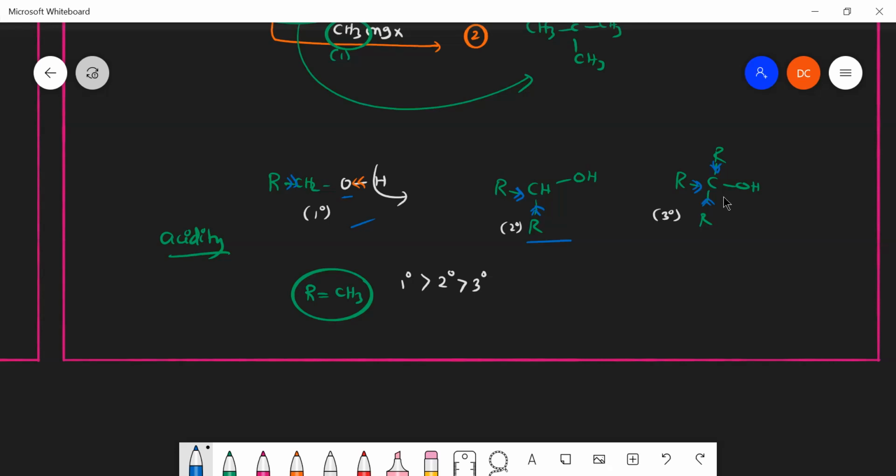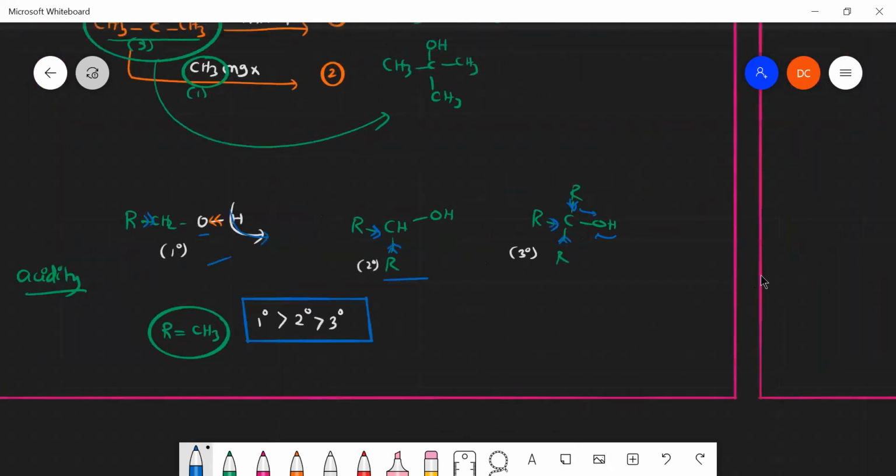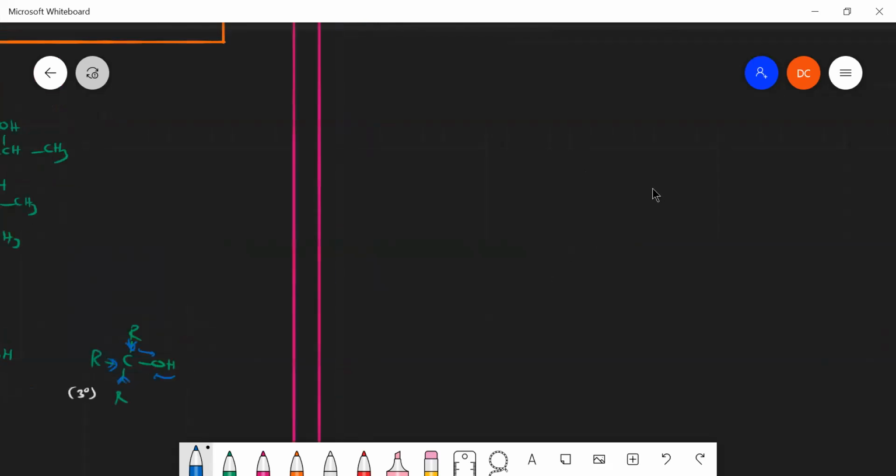If there are 3 donating groups, the oxygen will always be satisfied. Oxygen will take electrons from the methyl group, and it need not take electrons from the hydrogen. If it takes electrons from the hydrogen, the H plus will come out. Likewise, 1 degree alcohols are more acidic than 2 degree and 3 degree. So that is about acidity.